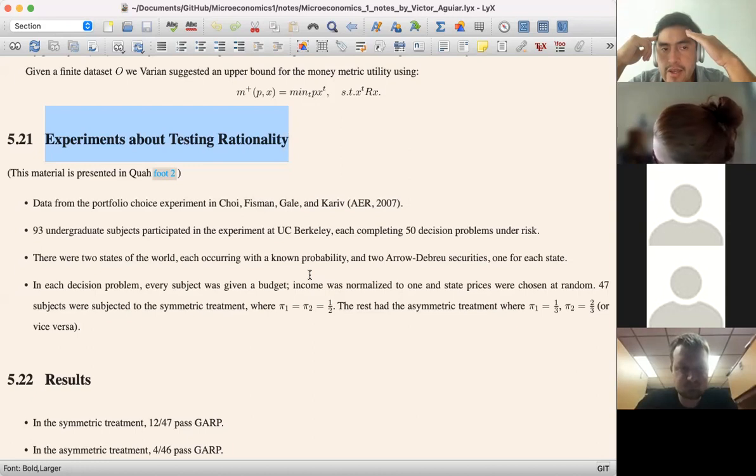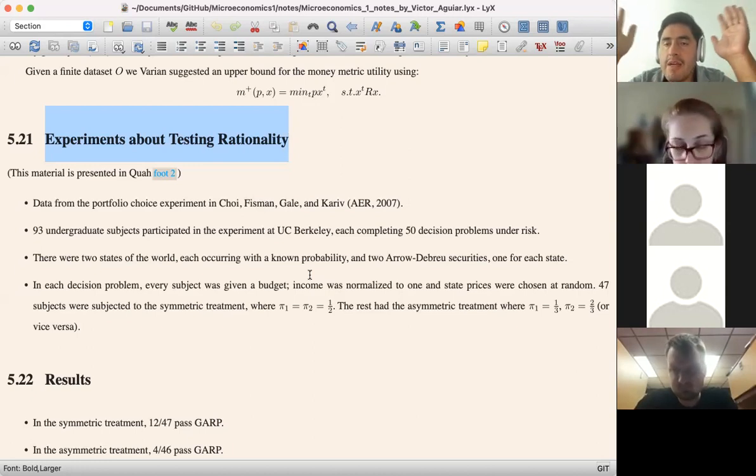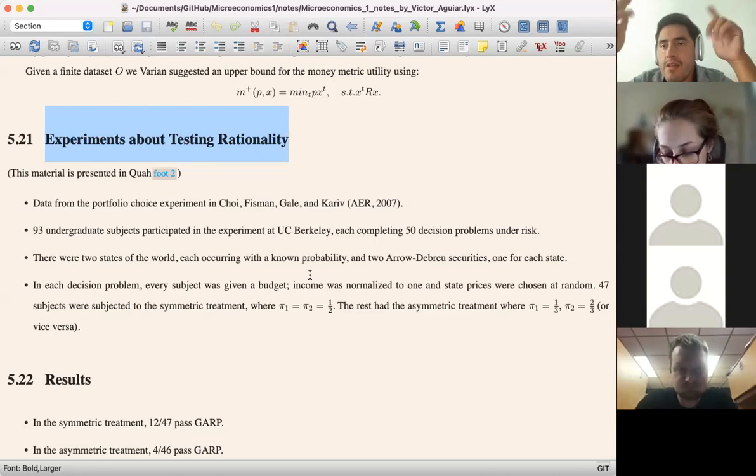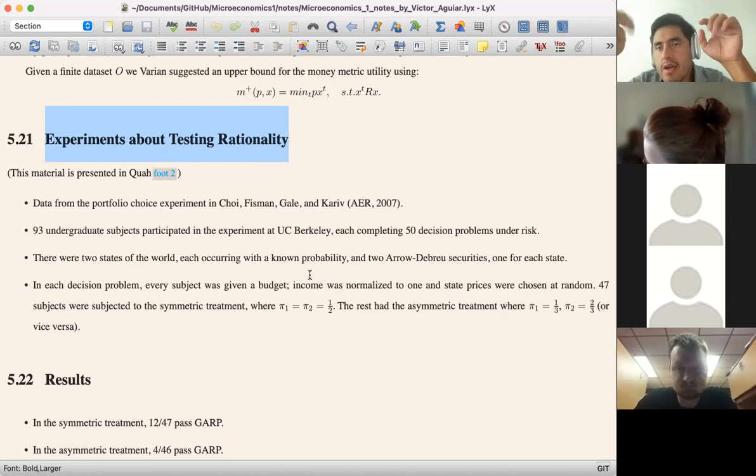So in this particular case, the recruitment is done through public announcements. And then they say, this is the show-up fee, and there is a participation fee that depends on the performance, right? Because this is an Arrow security, you actually have a computer to run the probability that each state of the world happens.